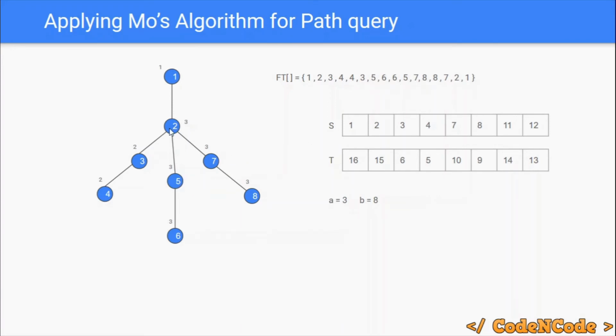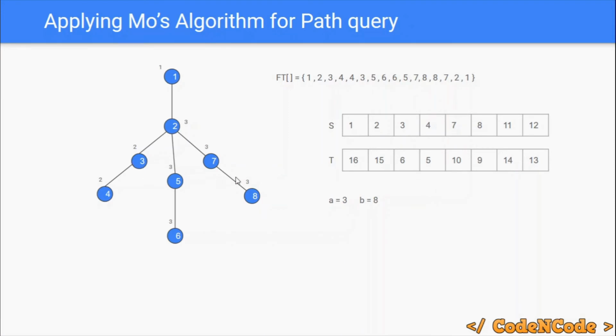For 2, from starting time of 2 to terminating time of 2, all of the nodes you see in between are the nodes which lie in the subtree of 2, right? So from starting time of 3 to terminating time of 3, all of the nodes you would see in between would be the nodes in the subtree of 3.